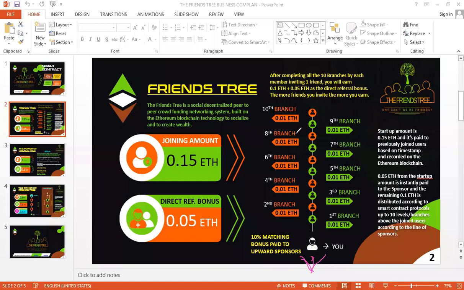So I'll be explaining to you now how the distributions are made. This is what happens. Once you secure your position, as I explained, you come in with 0.15, your sponsor gets 0.05 Ethereum as bonus. The remaining balance of 0.1 will be distributed to the upward sponsors. The same thing applies once you refer your one direct prospect into the system.